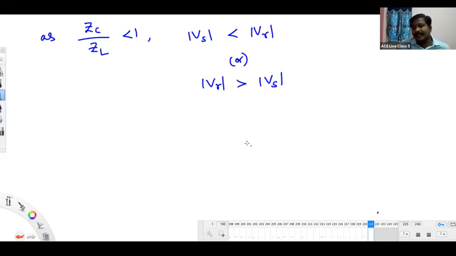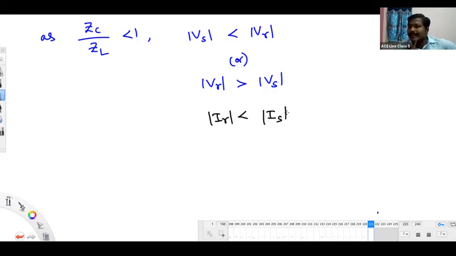And if you calculate current, by going to the equations, the receiving end current definitely comes less compared to sending end current.